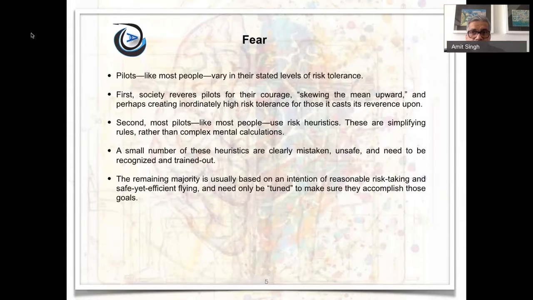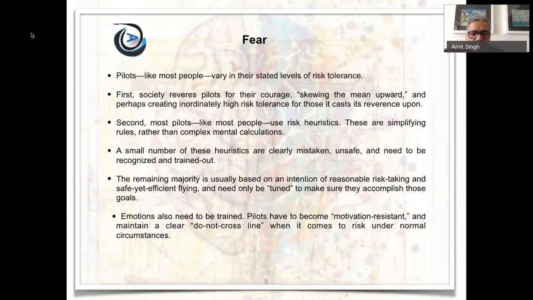So most of the people do not have a very high risk appetite. They tend to follow the rules, but operationally you tend to deviate and move away from the ideal training setting. So therefore, periodically you have to go back to training to reset to the mean.